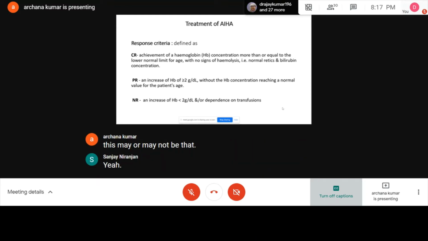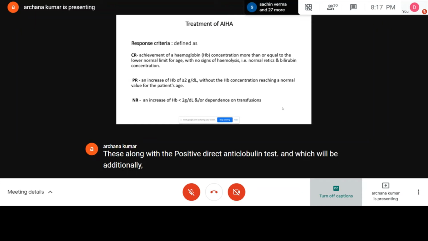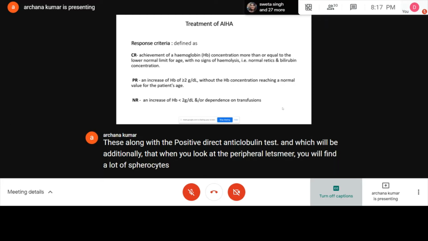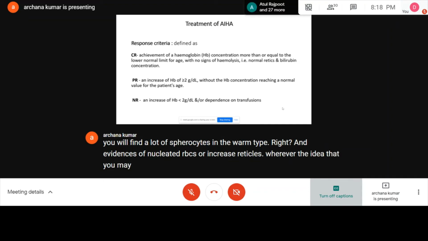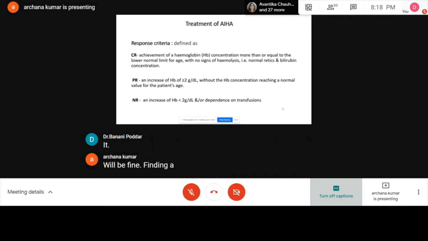These, along with a positive direct antiglobulin test, and when you look at the peripheral blood smear, you will find a lot of spherocytes in the warm type, and evidence of nucleated RBCs or increased reticulocytosis. Whereas in the IgM type, it will be very diagnostic, you will find agglutinating RBCs.